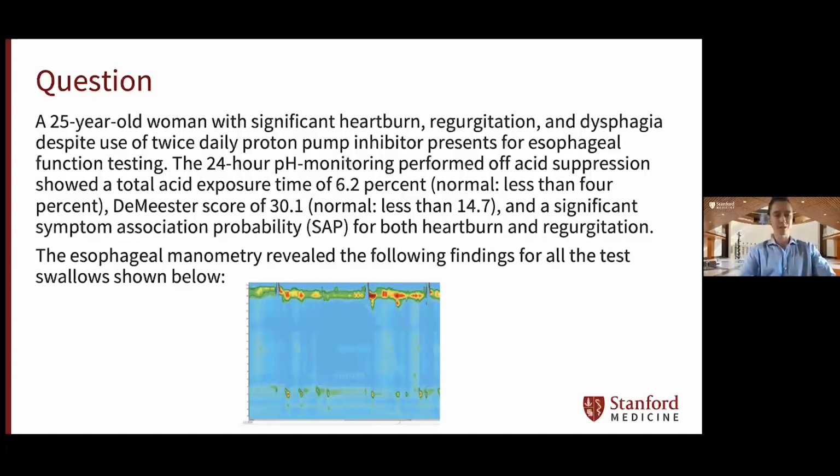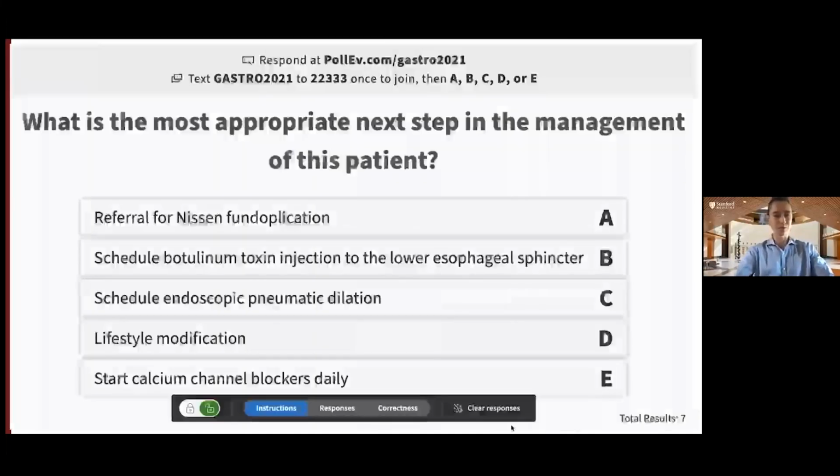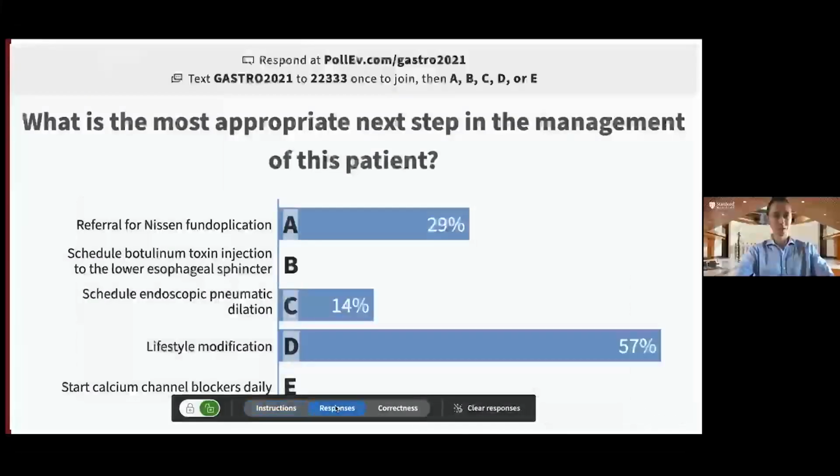Okay, let's see the distribution of responses. So we have about a third of participants referring for Nissen. Nobody's enthusiastic about a Botox injection to the LES. A few participants think a pneumatic dilation would be pertinent.